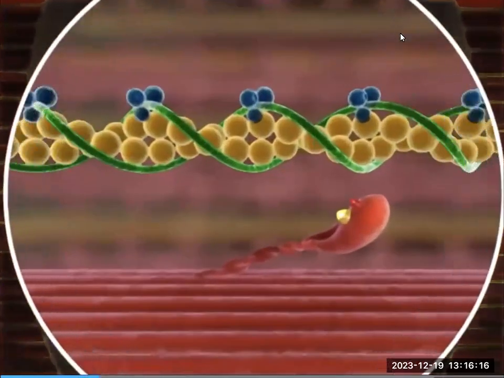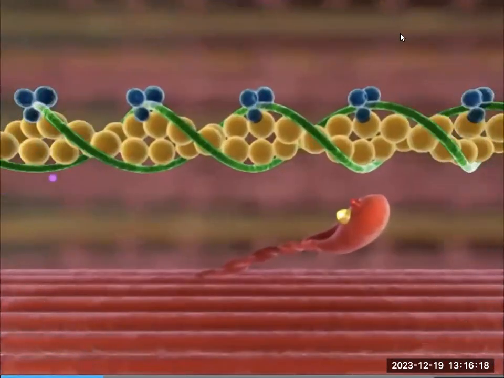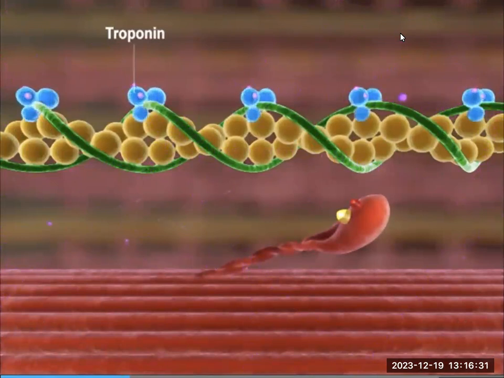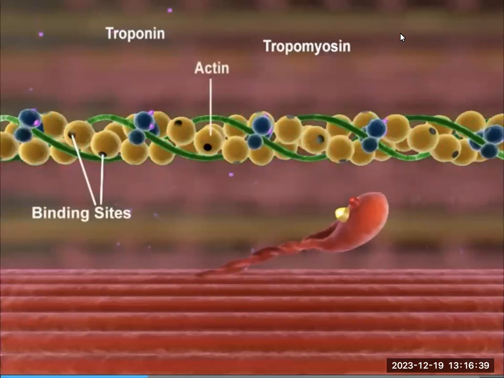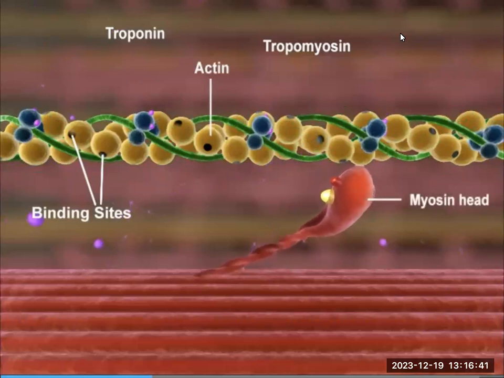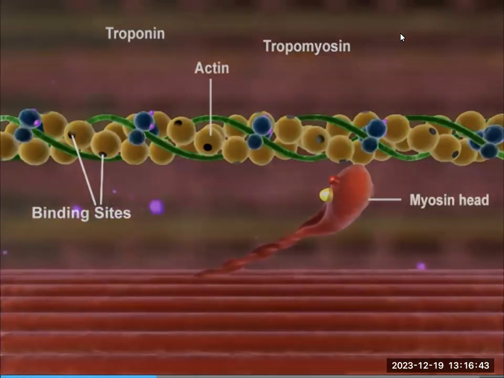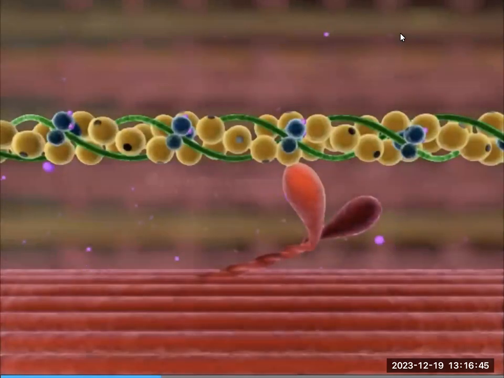So let's look at what happens. We've got these little calcium ions that are coming in and attaching to that troponin. When calcium binds to troponin, it is going to move the tropomyosin out of the way. Now we have our actin binding sites, or the myosin binding sites.